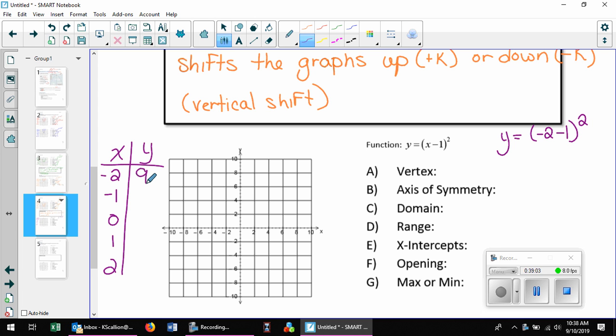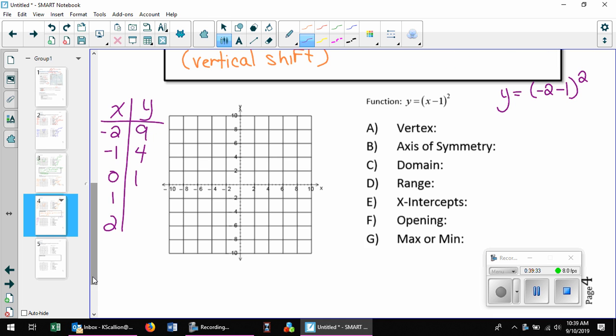Okay, so a little bit more of a thinking question. So now I put a -1 in there. So -1 subtract 1 is -2. -2 squared is 4. If I put 0 in there, if I put 1 in there, 4.